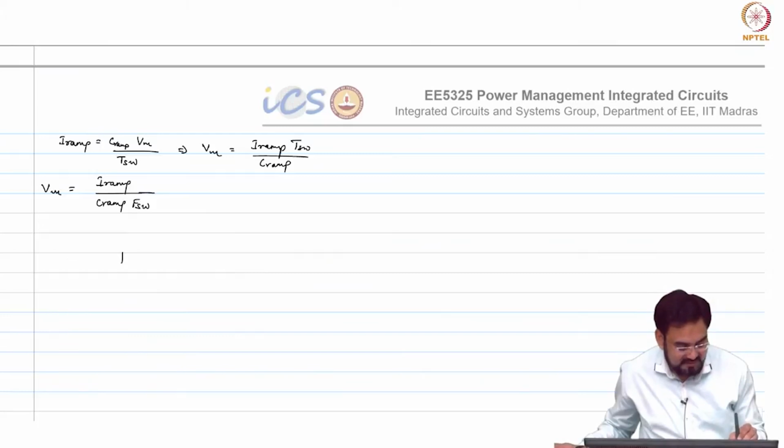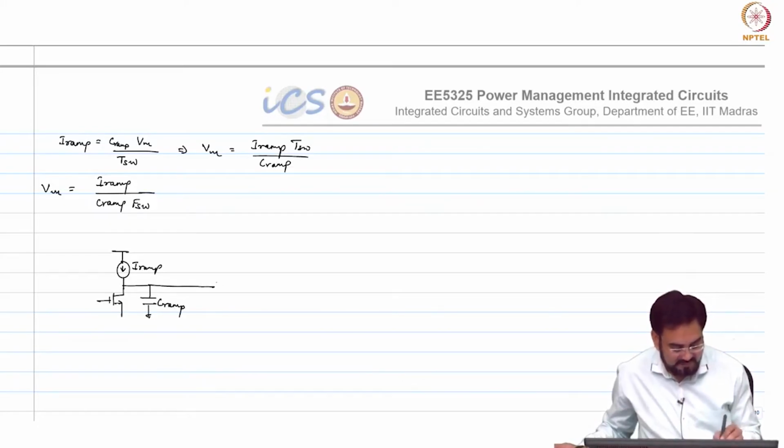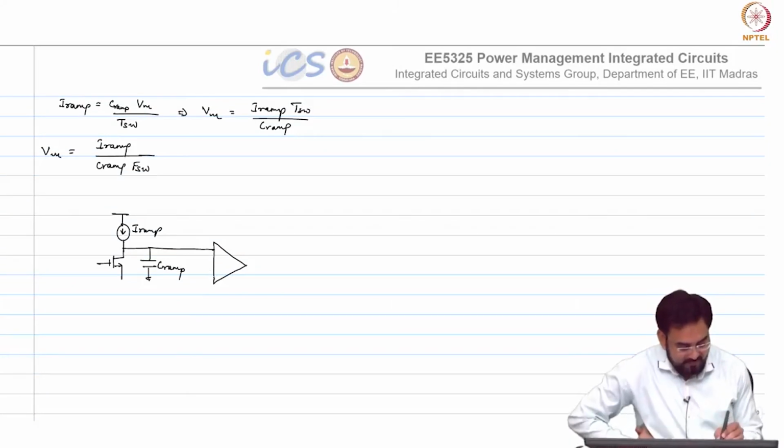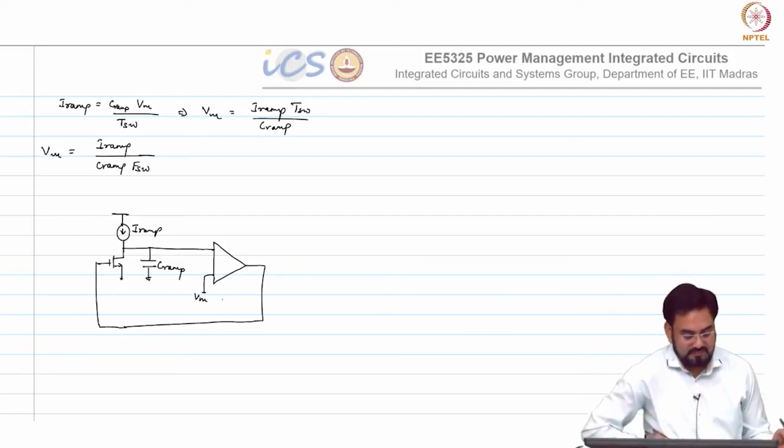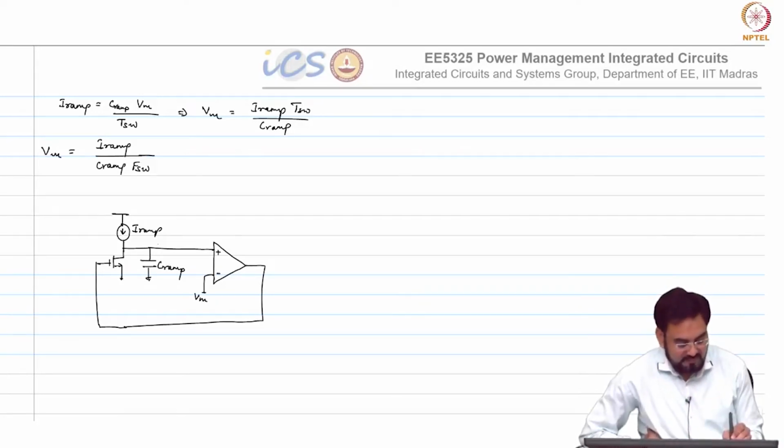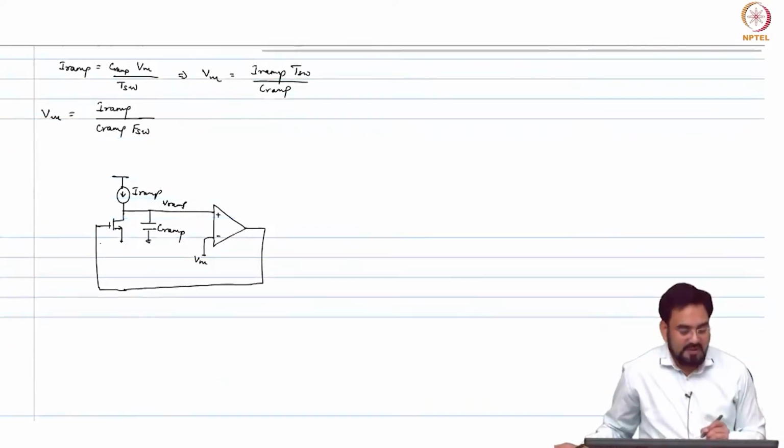We have the same thing, I ramp, C ramp, and now let us say this is VM.